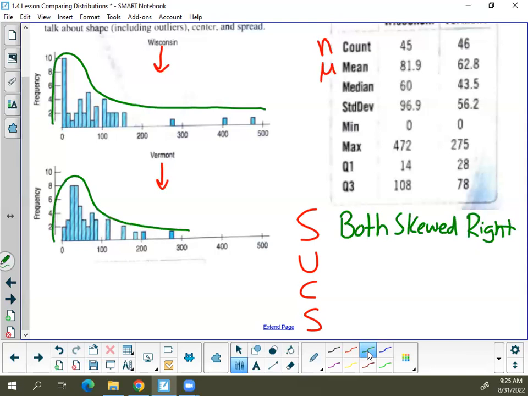We want to make sure that we identify what it is we're talking about in this problem. We want to choose the right shape, skewed right. Skewedness follows the tail.